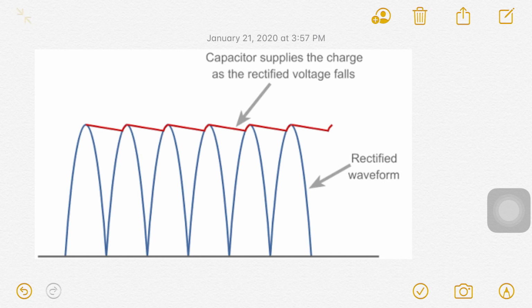Nawala na yung negative half. Yung blue yun na signal, pero hindi pa siya smooth. Hindi pa ito yung gusto natin. So, gagamit tayo ng capacitor to smooth out pa. Dun sa mga points kung saan nagpo-fall pa yung voltage, magsusupply yung capacitor, magre-release ng electric charge.